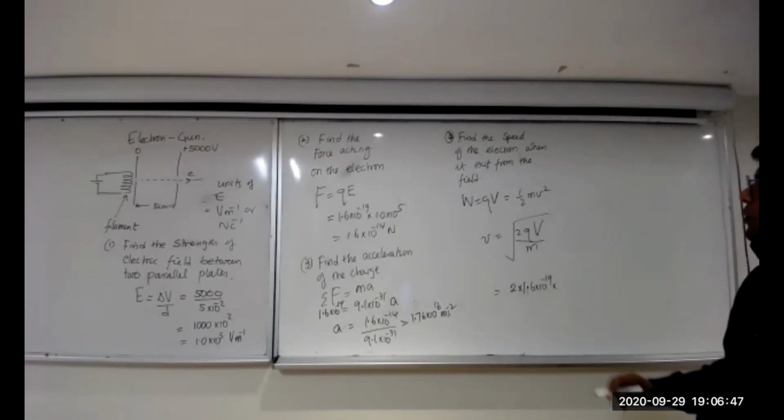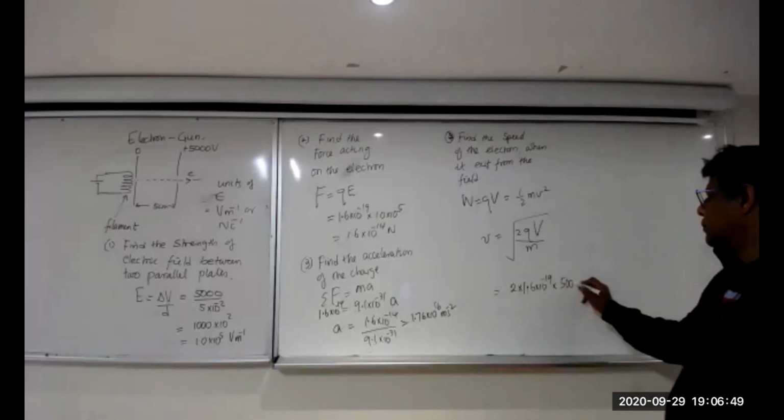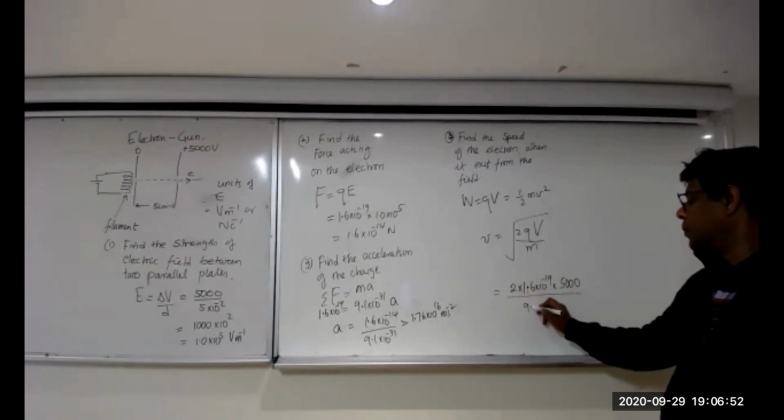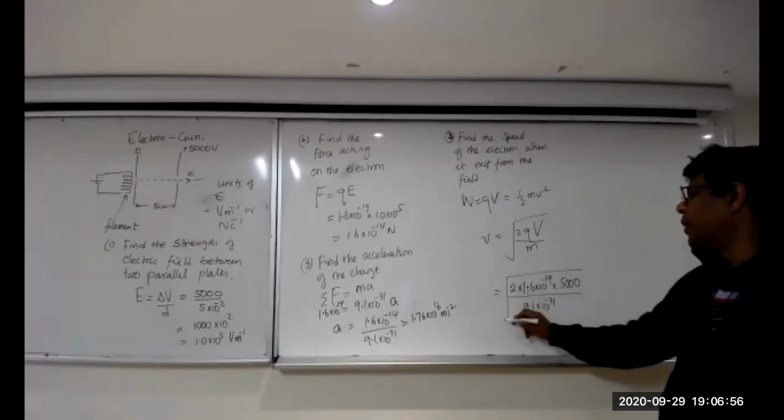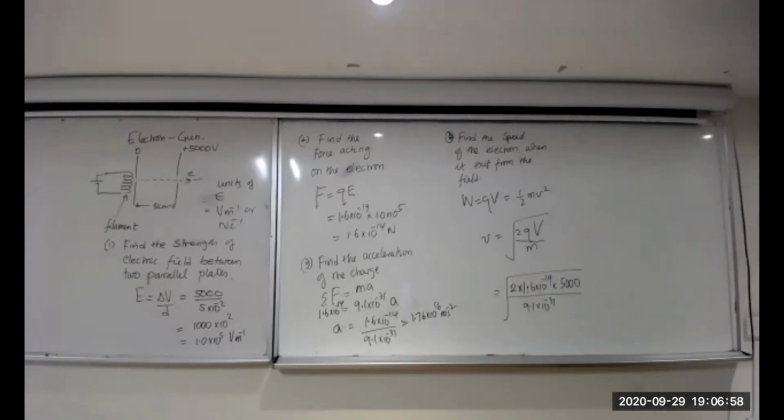The potential was 5,000. The mass is 9.1 times 10 to the power negative 31. If you make an error and get more than the speed of light, most likely there is an error.